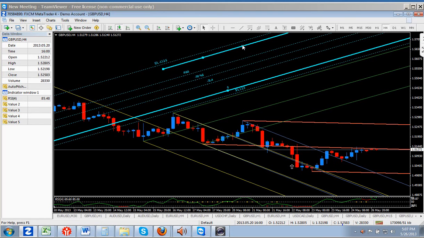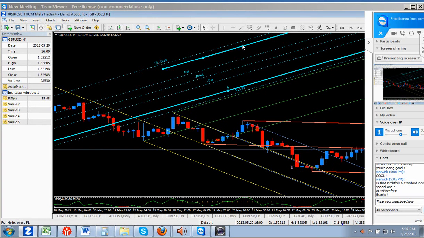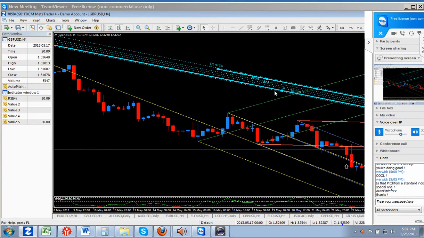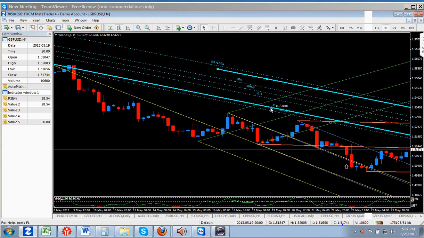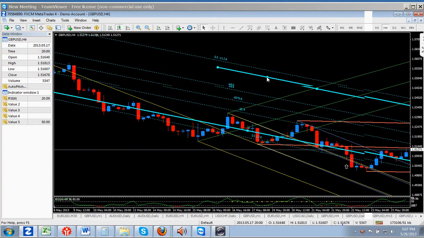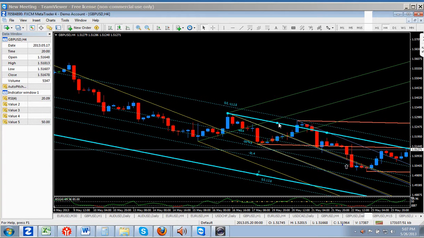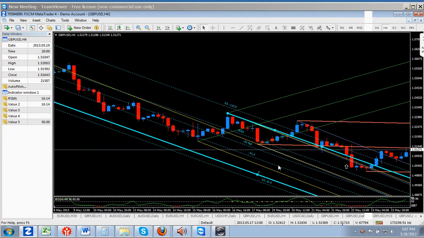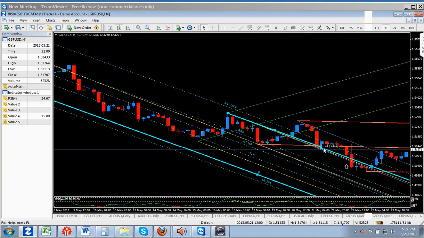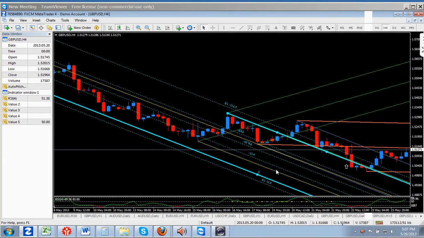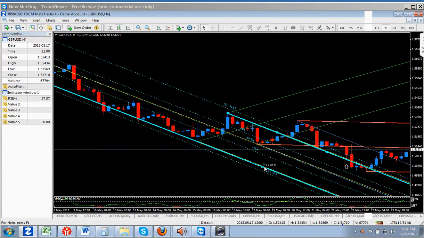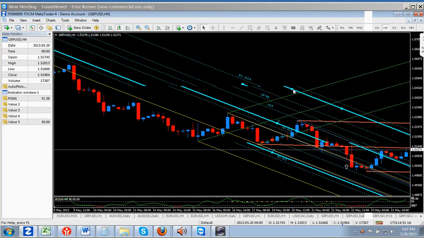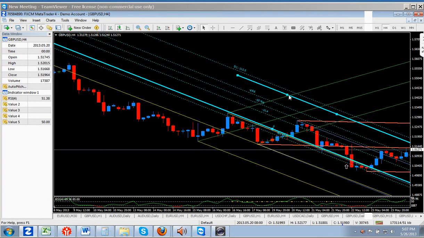Let's check another pitchfork while we have this. Try to align it with the very steep yellow pitchfork, and drag it up to see if there's something at the 50 or the 31.8 or whatever.